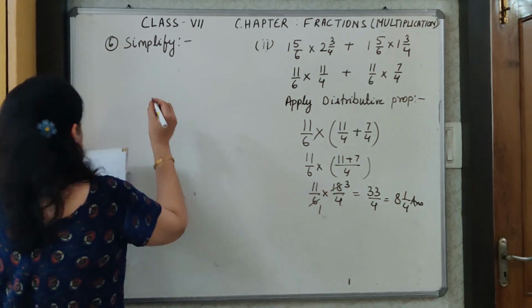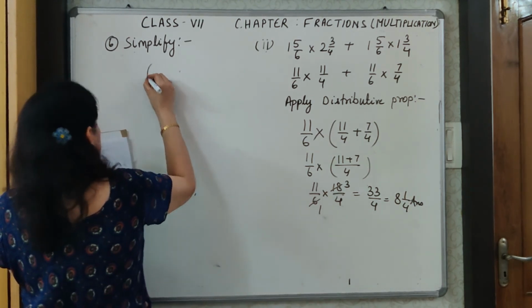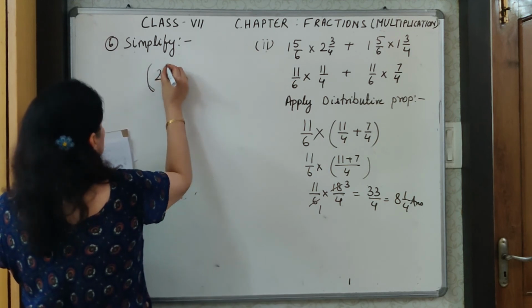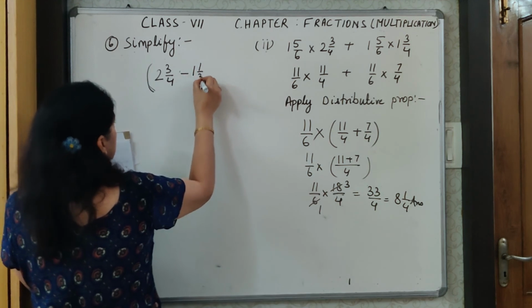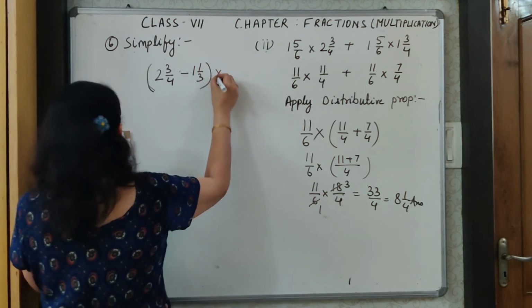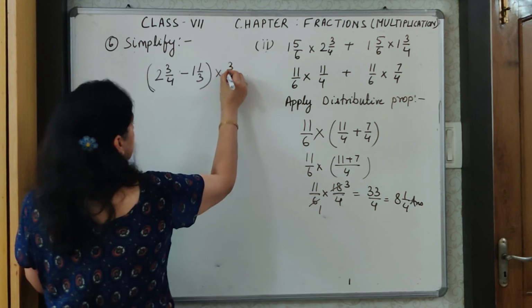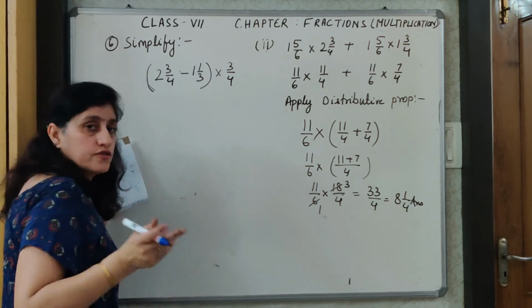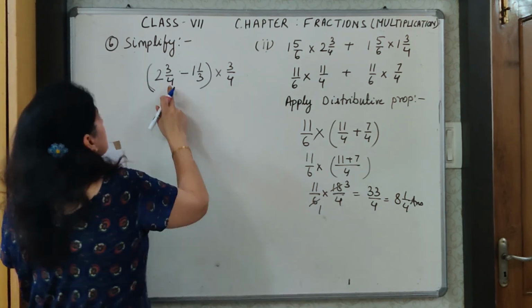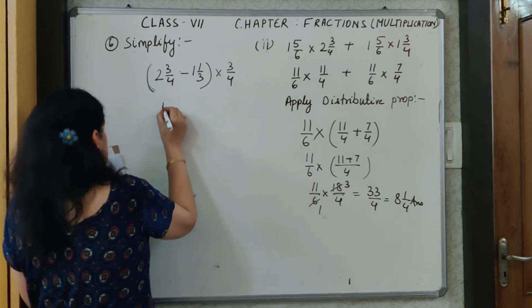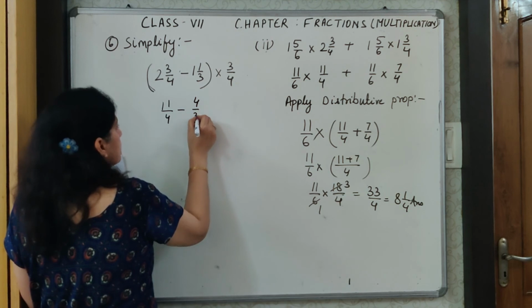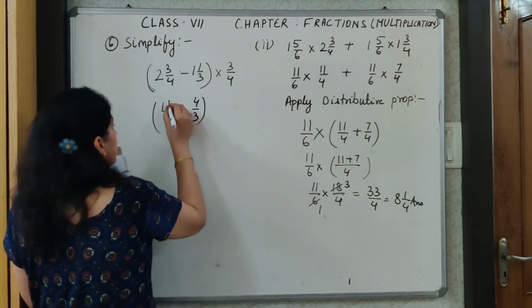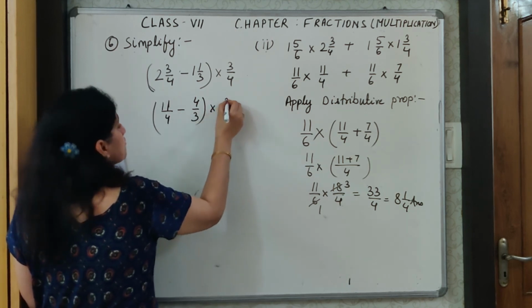The question is, inside the bracket I have 2 whole 3 upon 4 minus 1 whole 1 upon 3, multiplied by 3 upon 4. So first of all, BODMAS, bracket: 4 2s are 8 and 3, 11 upon 4 minus 4 upon 3 inside the bracket, into 3 by 4.